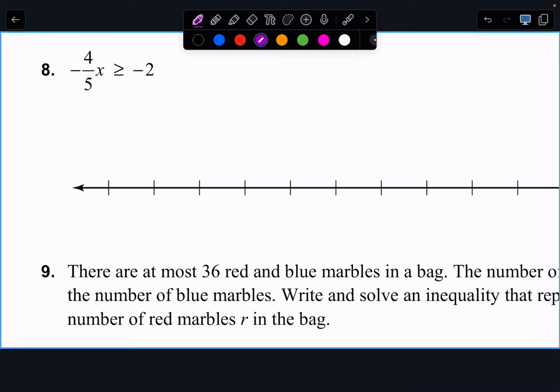Let's multiply by the reciprocal. So x, we multiplied by a negative, so we're going to flip the sign. And we get 10 over 4, 2 1/2.